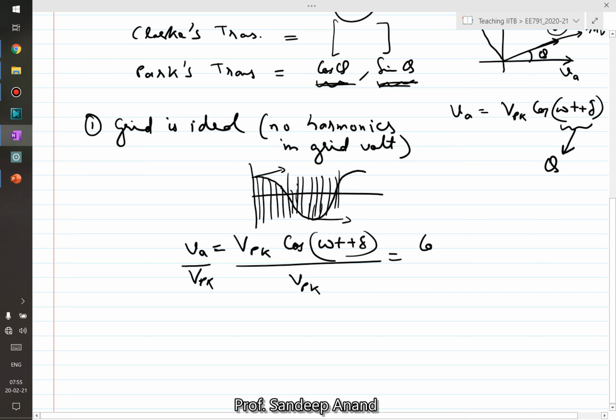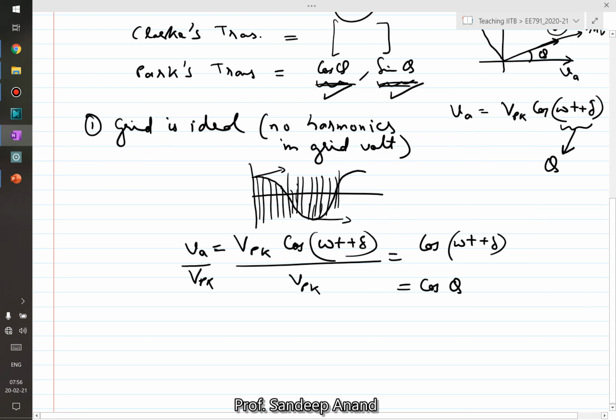What you will get is nothing but cos of omega t plus delta, which is equal to cos of theta, right? So if the grid is a pure sinusoid, ideal and balanced, then there is nothing much to be done to find out this theta. It's very straightforward, right? You can find cos theta. Now if you are doing your controller in the digital domain and you already have cos theta, there are multiple ways of finding sin theta, right?